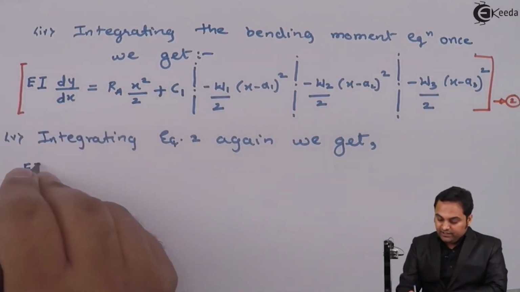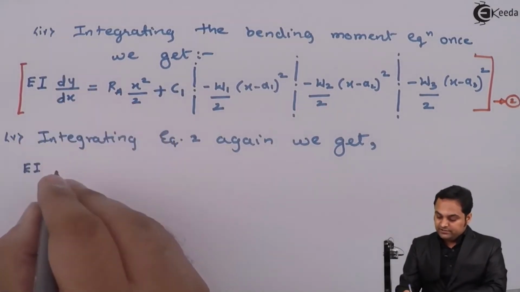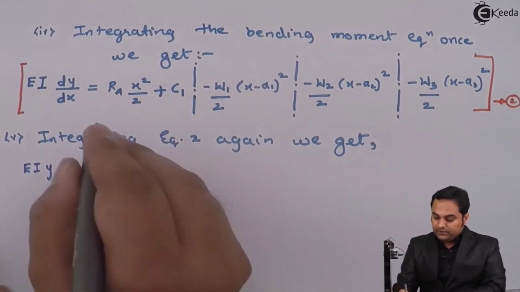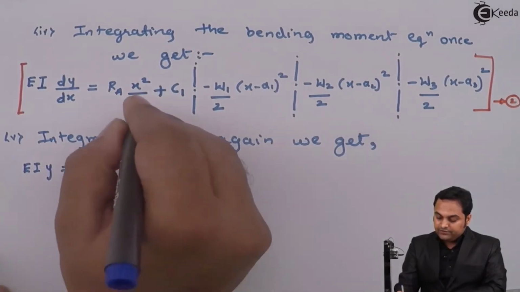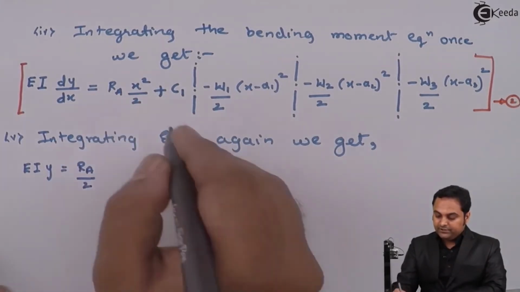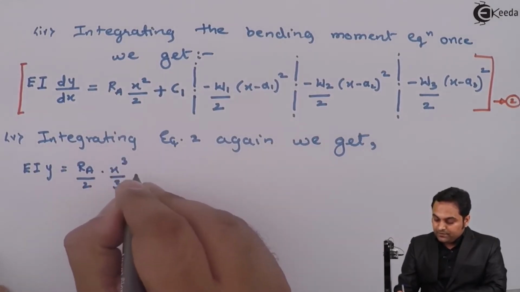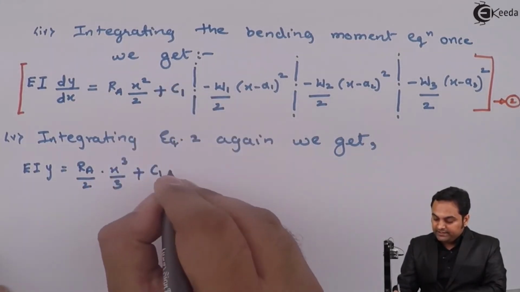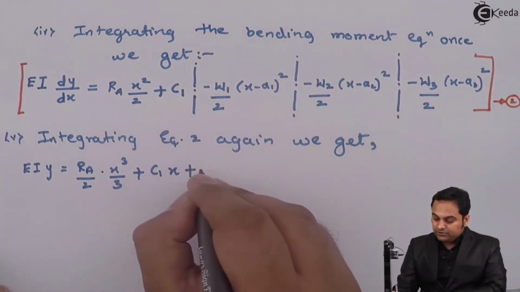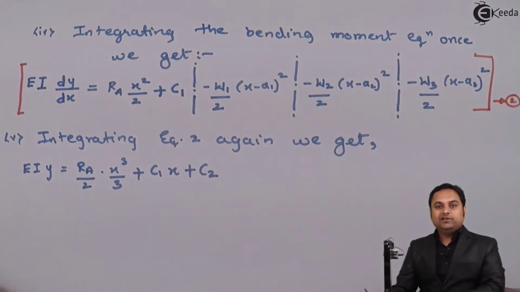So here we have EI dy by dx, integration is y. Ra will remain as it is, this 2 will be written here, x square integration becomes x cube by 3, plus c1 into x plus another constant c2, because I am integrating it twice.